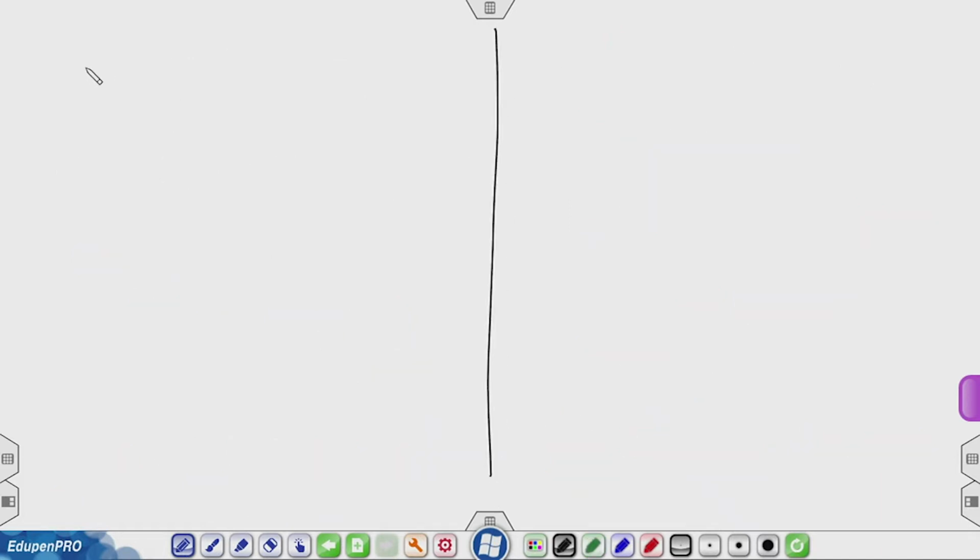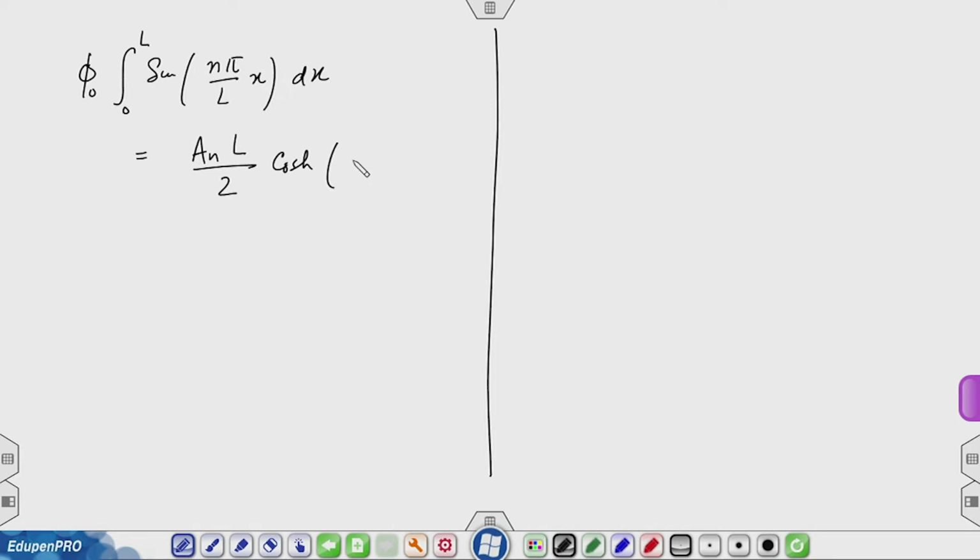So, we have phi 0 integration 0 to L sine of n pi over L x dx equals a n L over 2 cos hyperbolic of n pi over L d.